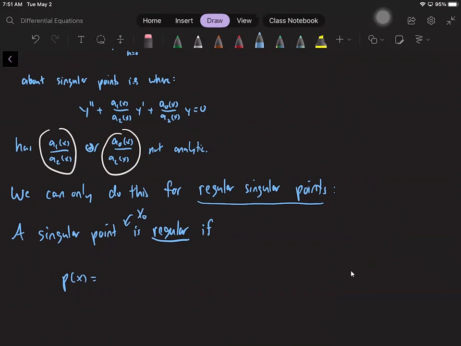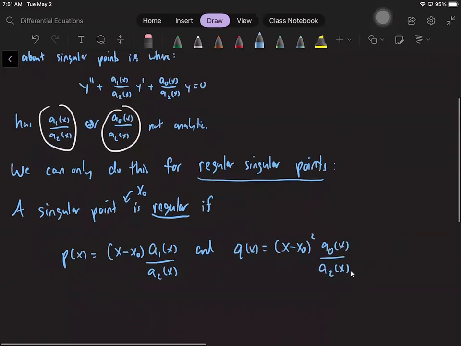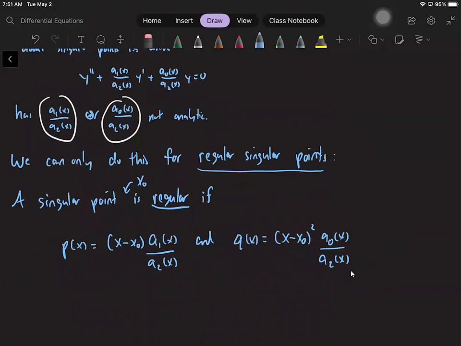So if I take a factor of x minus x naught and I multiply it to this middle thing, and I do the same thing, so I'll call this q of x, little q of x, but this one is squared, to the other function in front of the y. If I do this, and they're both analytic at this point, that's what it means to be regular.